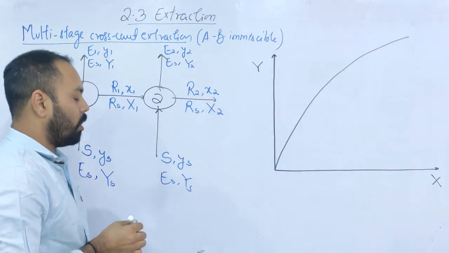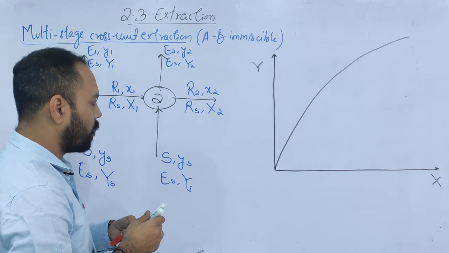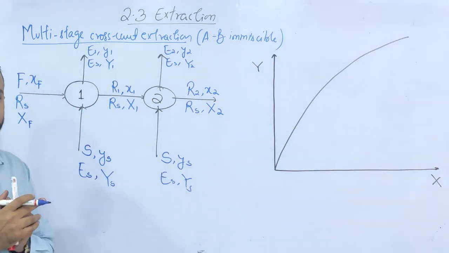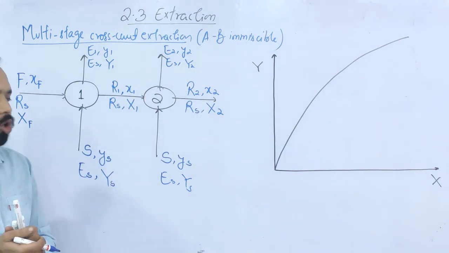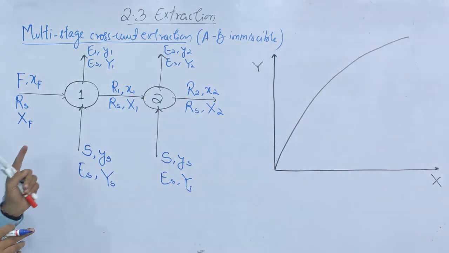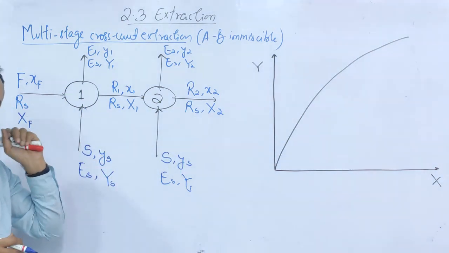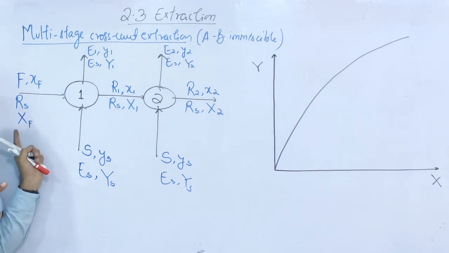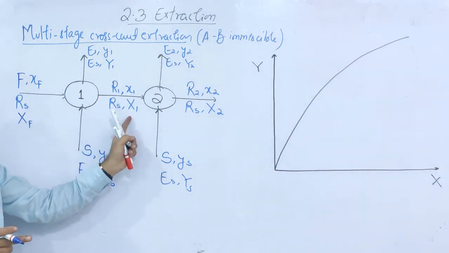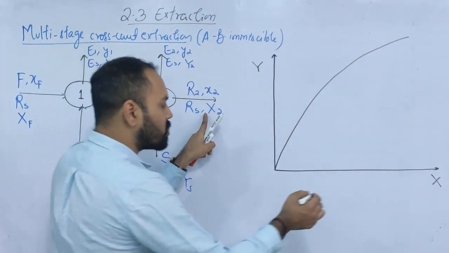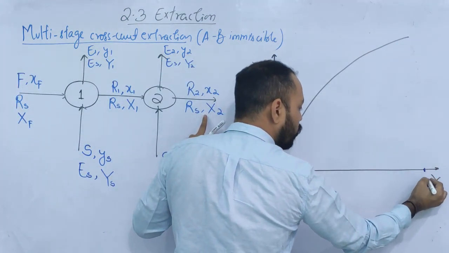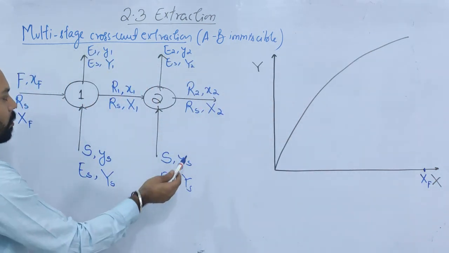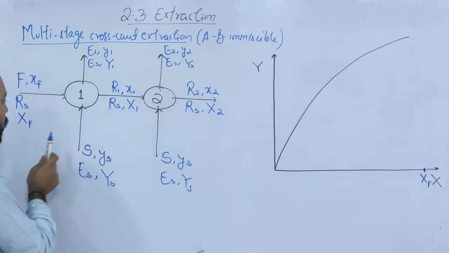C by A. Now the operating line for cross current is, okay, suppose even if you don't know how the operating line looks like, but at least you should know it lies below the equilibrium curve. Can you tell me what is the highest value of X here and what is the lowest value of X here? Definitely in the feed, the amount of solute is highest. So XF must be highest and X1 and then X2 must be lowest. So if you want to start plotting the curve, this is your XF, suppose. Fine. And definitely X2 is lowest, XF is highest.